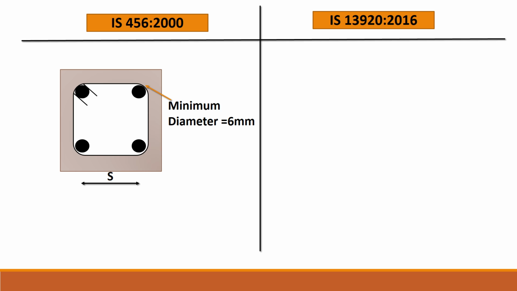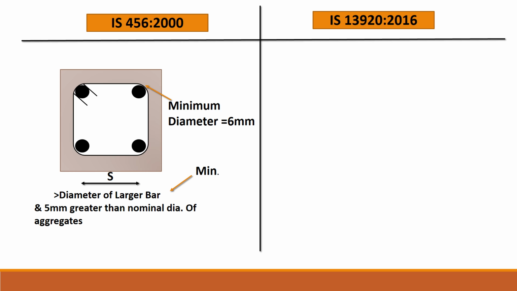It should be minimum equal to the diameter of the larger bar, or 5 mm greater than the nominal size of the aggregates. But the maximum limit is also there. It has to be less than or equal to 300 mm for Fe 250 grade steel and less than or equal to 150 mm for Fe 500 steel.